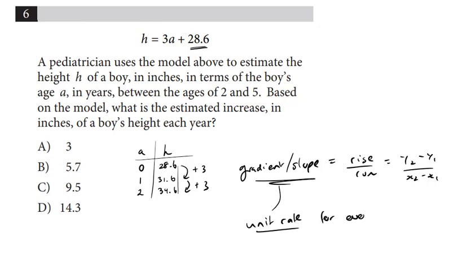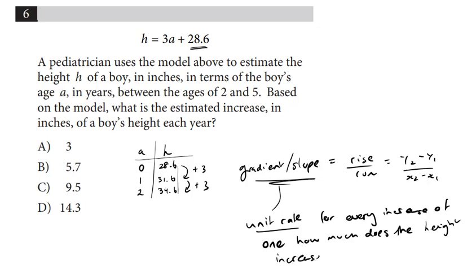For every increase of 1, whatever the unit is, in this case it's years, how much does the height in this case, which is a variable, increase or decrease?